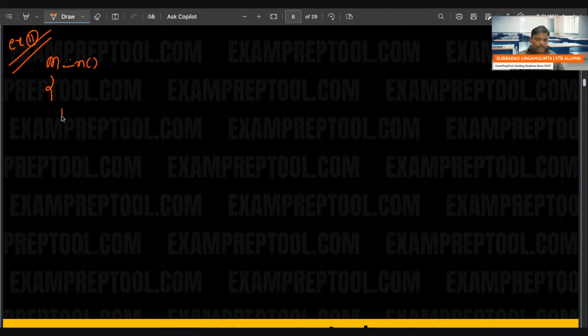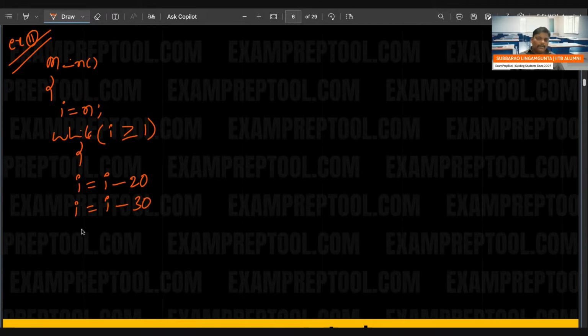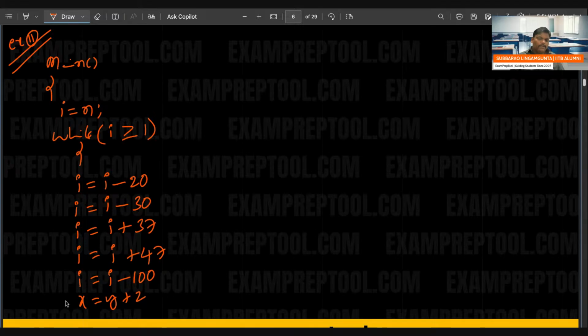I is equal to n, while I greater than or equal to 1, I is equal to I minus 20, I is equal to I minus 30, I is equal to I plus 37, I is equal to I plus 47, I is equal to I minus 100, x is equal to y plus z.